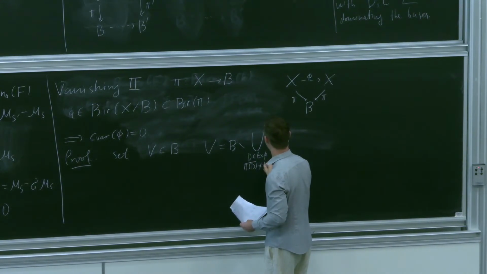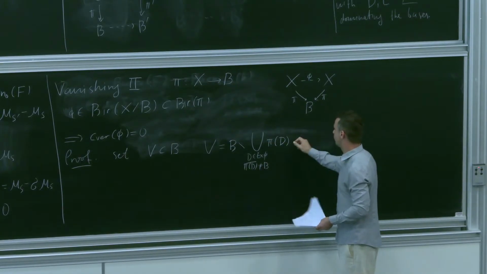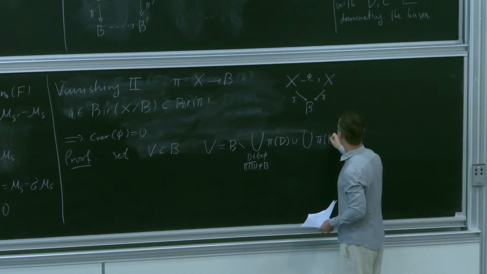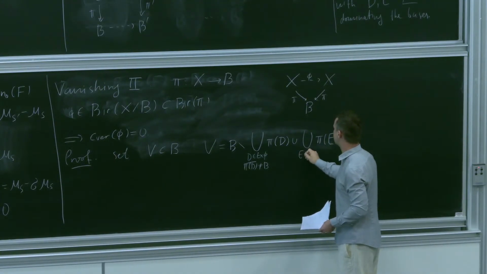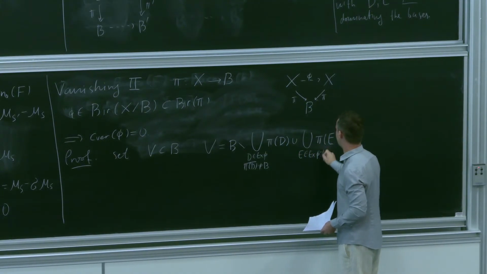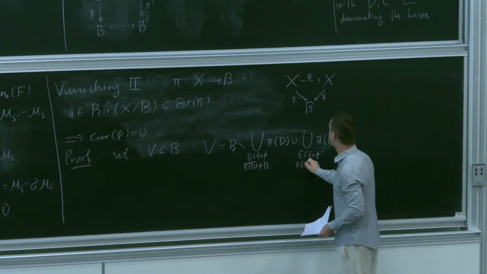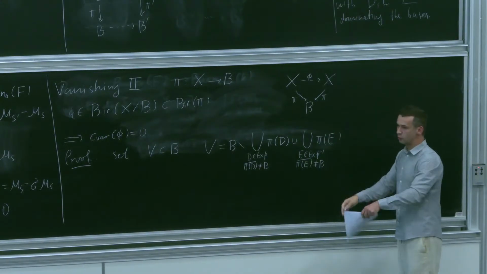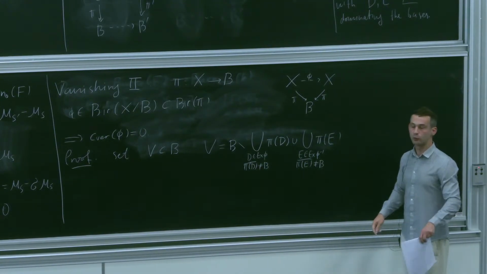So I just remove all the vertical divisors I can. And then pi of E, where E is exceptional for phi inverse, again not dominating the base. So I remove downstairs everything we don't want to have.